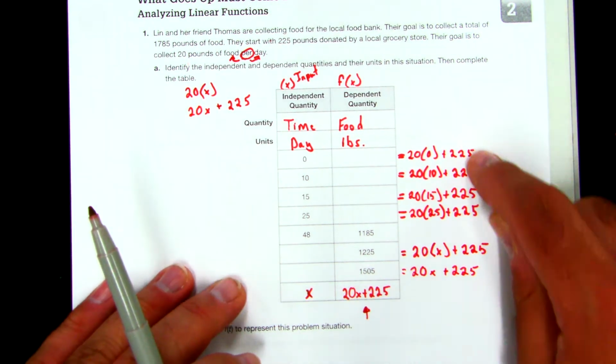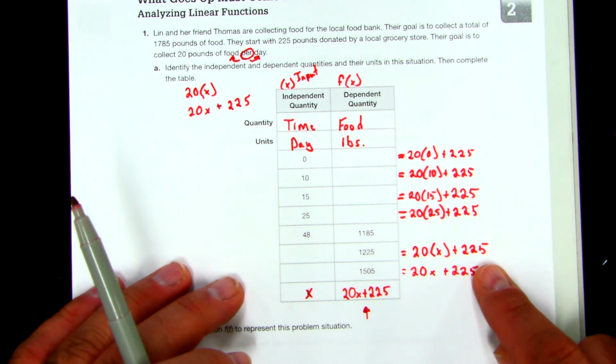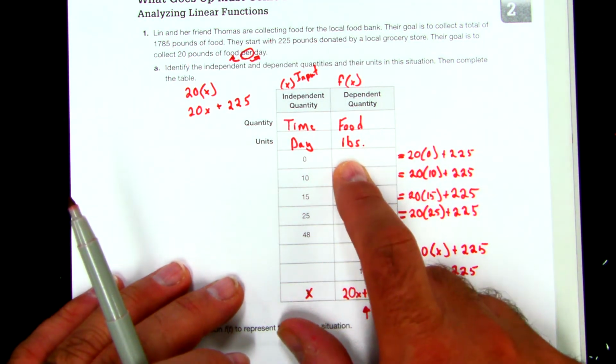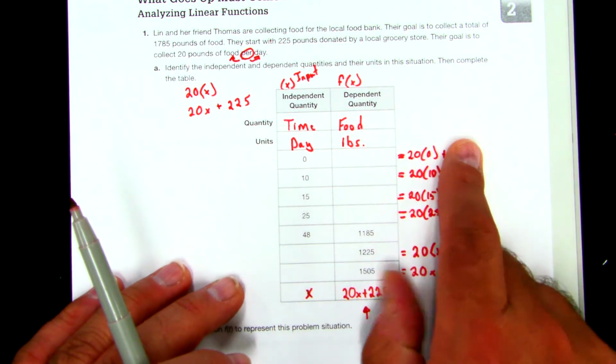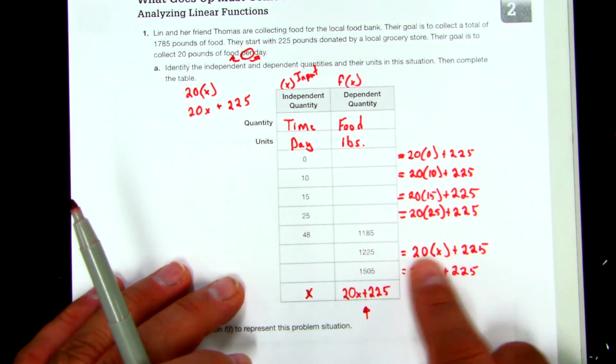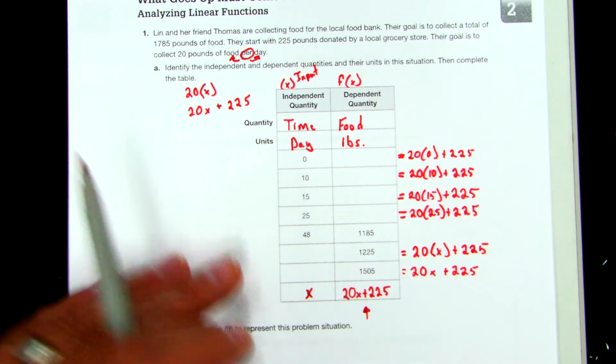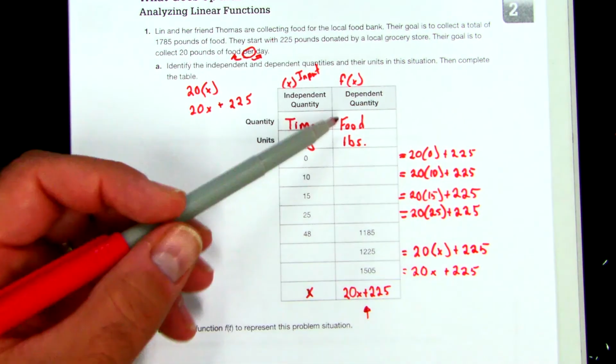So as you notice, I just put all the same work over here. The only difference is, in this problem it's equal to something, and here I'm putting in the answer because I have an input, so I get the output. Here I do not have the input, and I need the output. All right, so you should be able to fill out the rest of this table.